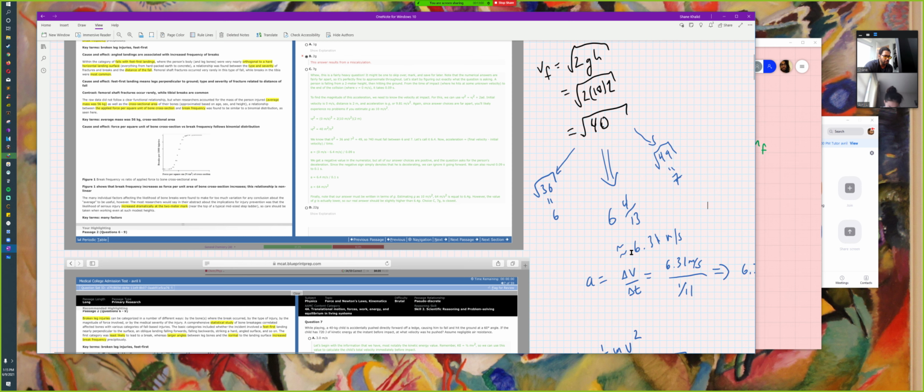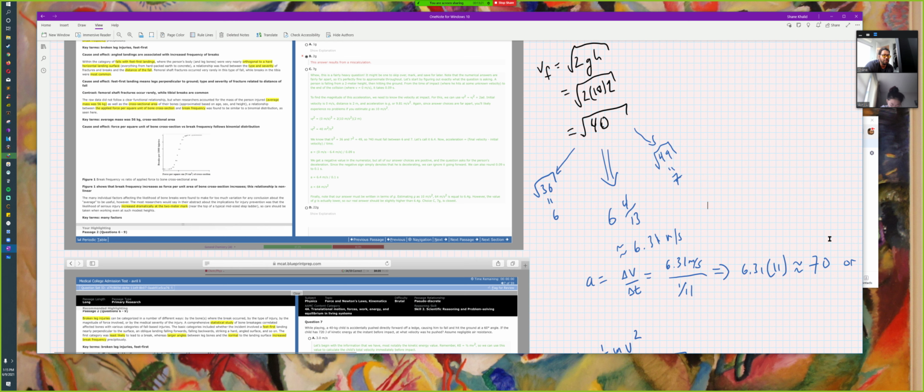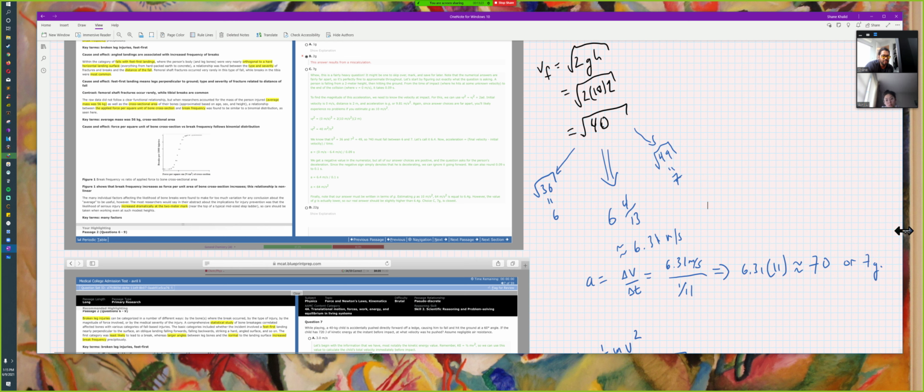I put the curvy equal sign. So that's that, and then acceleration is delta v over delta t. So I get this, and then I just multiply it by the reciprocal of 1 over 11, which is 11. So you get roughly 70, right? Which is basically 7 G's.